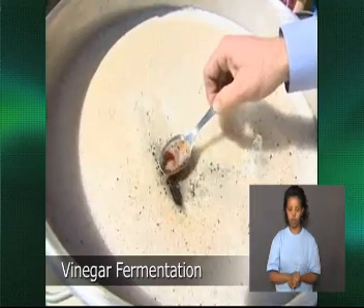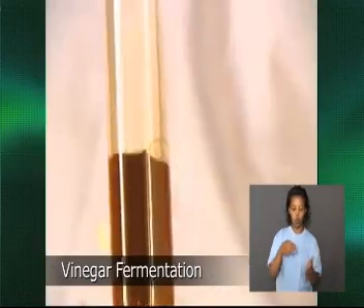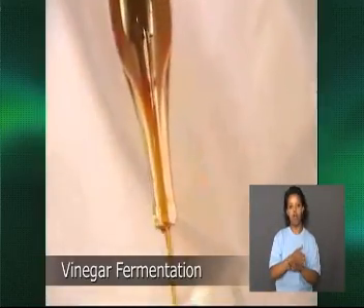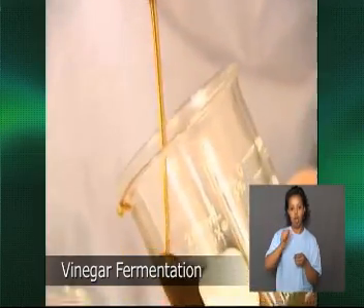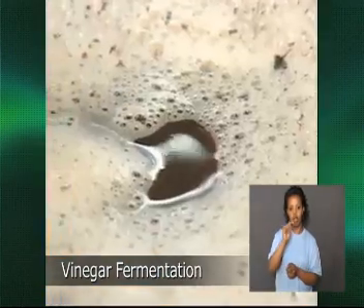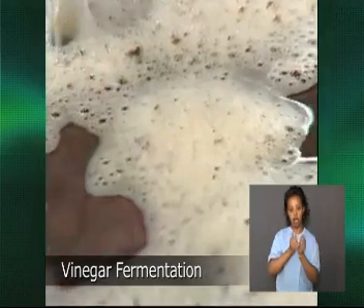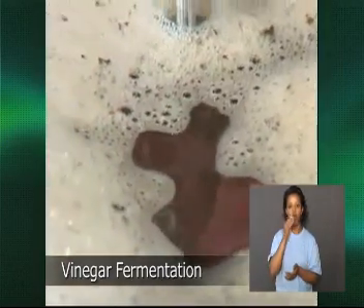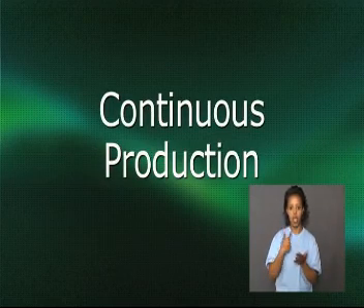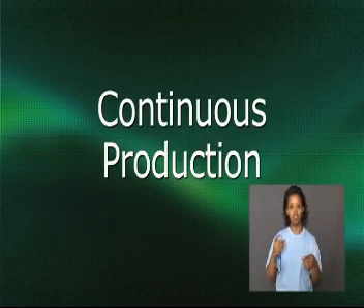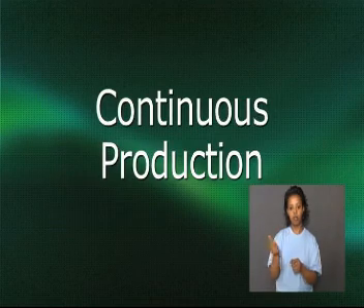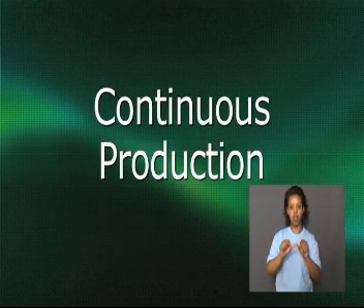As the liquid flows through, the bacteria oxidize the alcohol to ethanoic acid. The vinegar drips out of the bottom of the fermenter. This is called continuous production because alcohol is continuously fed into the fermenter and ethanoic acid is continuously dripping out of the bottom.